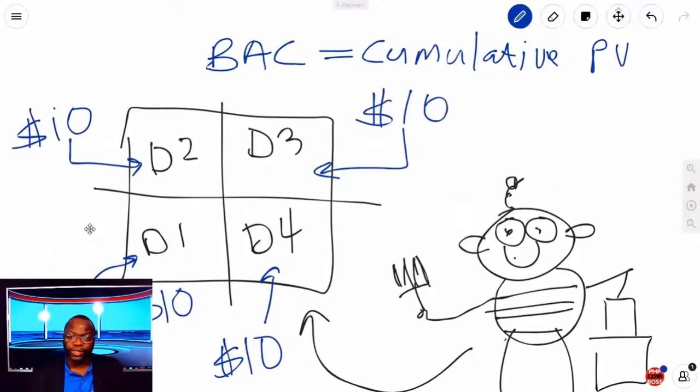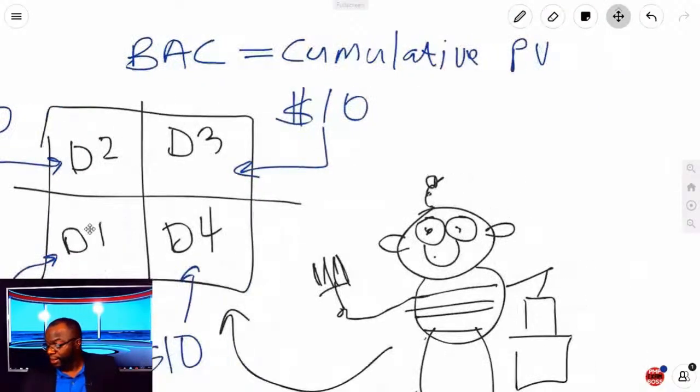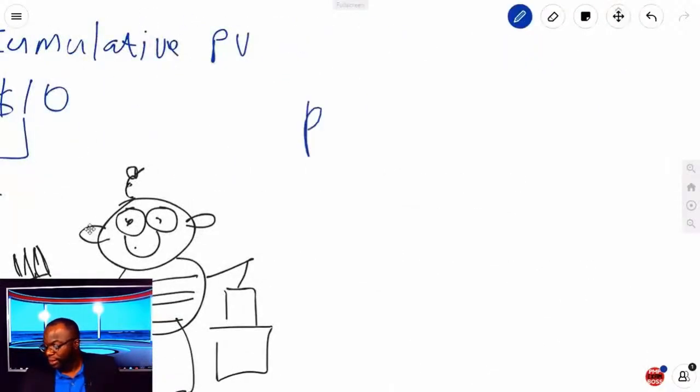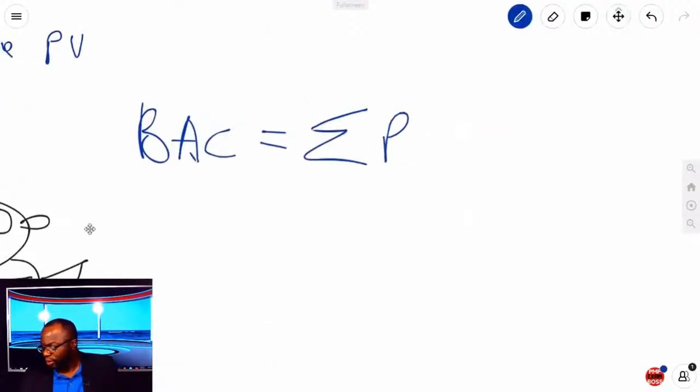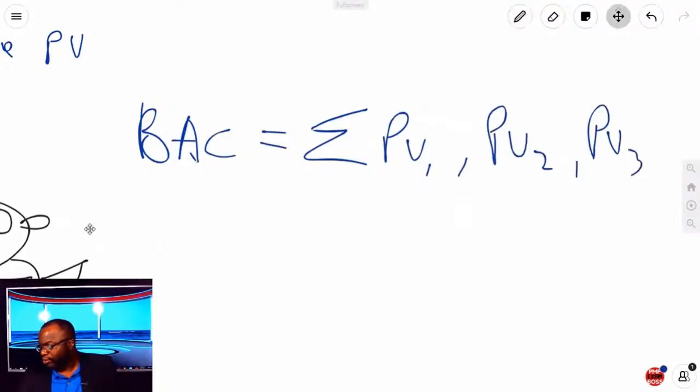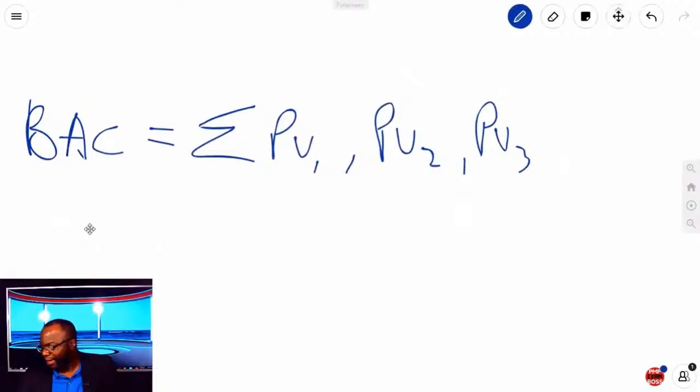BAC is cumulative planned value, folks. This is so important. I cannot overstate that your BAC equals the summation of your PV1, your PV2, your PV3, all the way to whatever PVN is.